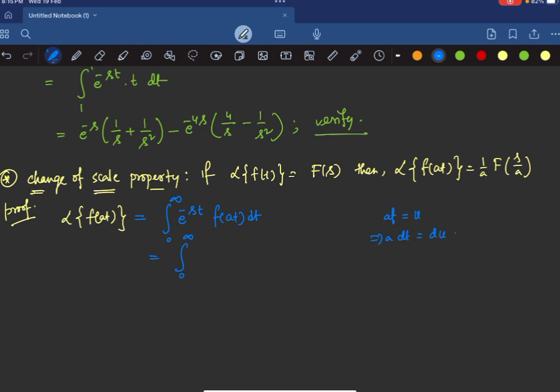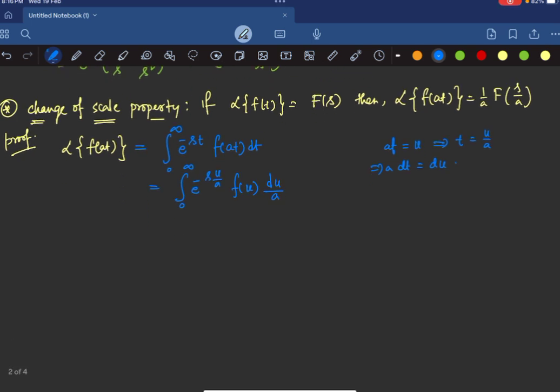The limits will be the same, 0 to infinity. Here you can write t as u/a, which becomes e^(-s u/a) f(u) du/a. So we get 1/a times the integral from 0 to infinity of e^(-(s/a)u) f(u) du.